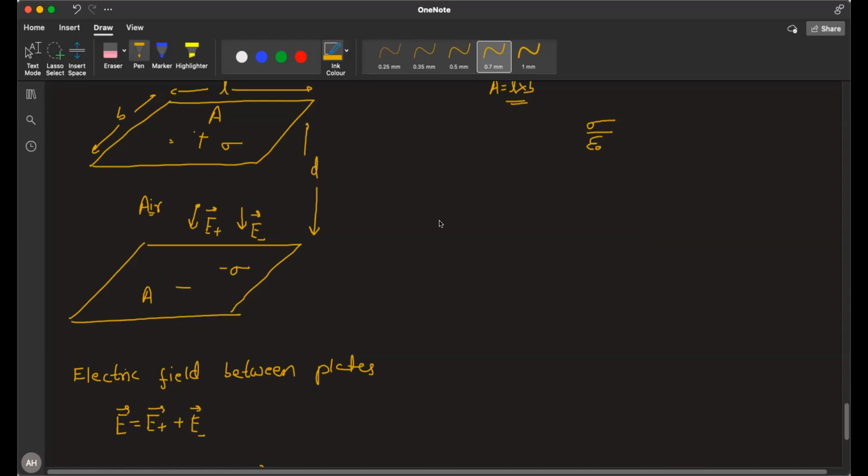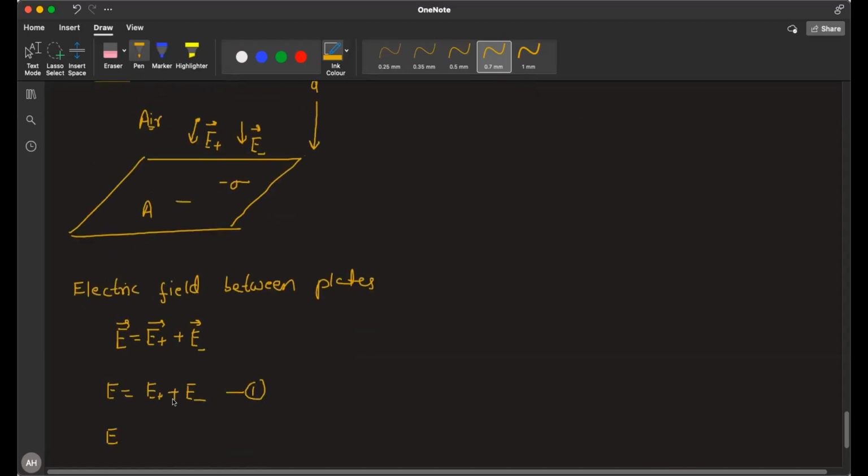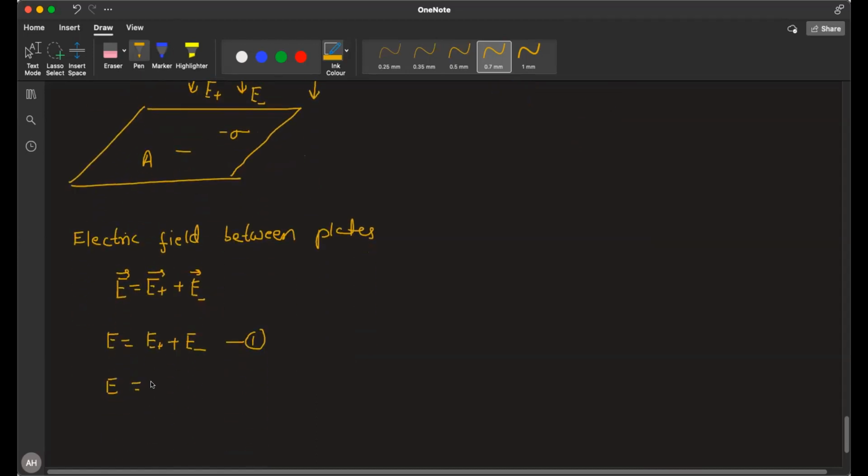Sigma by 2 epsilon naught. If you have an infinite plane sheet, then it's not sigma by epsilon naught, it's sigma by 2 epsilon naught. So E plus is sigma by 2 epsilon naught. E minus is also sigma by 2 epsilon naught.